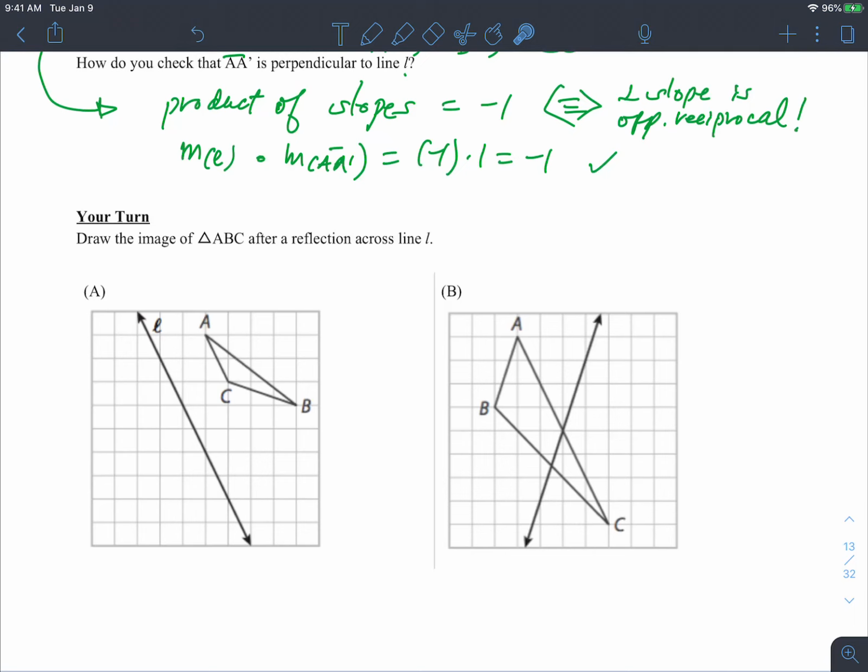Just offer you a hint. What I would do is maybe pick a point that intersects here and here, find that is 1, 2, 3, 4, 1, 2. That looks like my slope over here is -2. Then perpendicular one is what, guys?